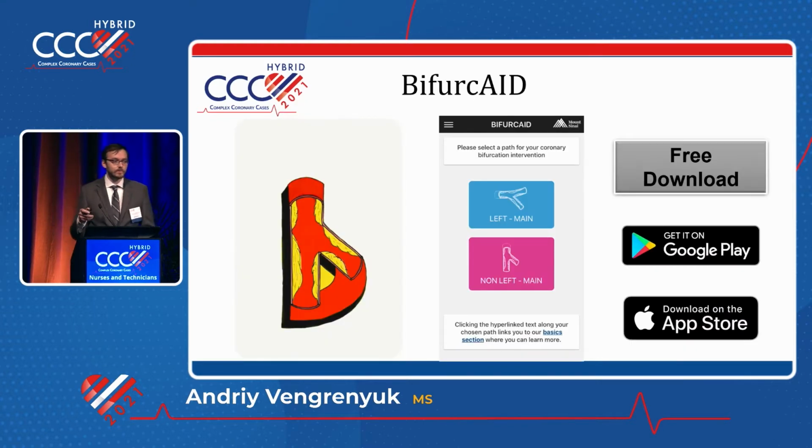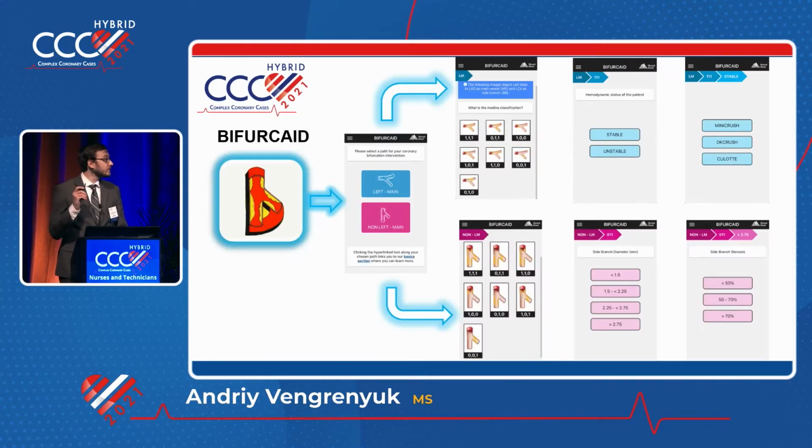I'm going to start very briefly and give an overview of some of these applications before diving in further detail. So Bifurcate was the first one to come out in 2017. It has a decision algorithm for both left main and non-left main lesions.